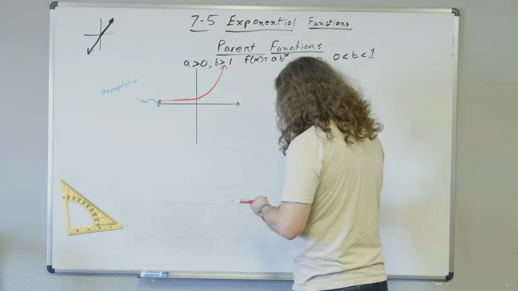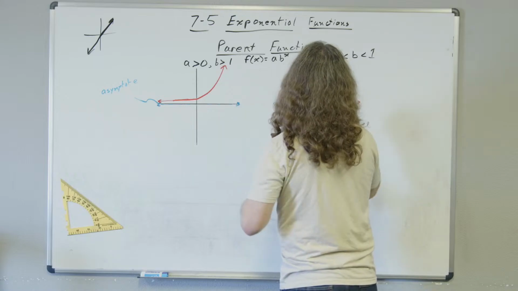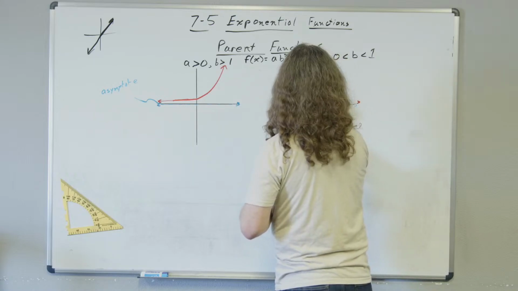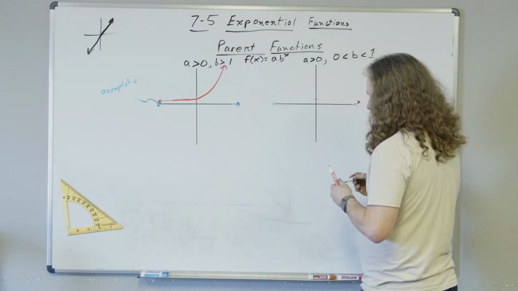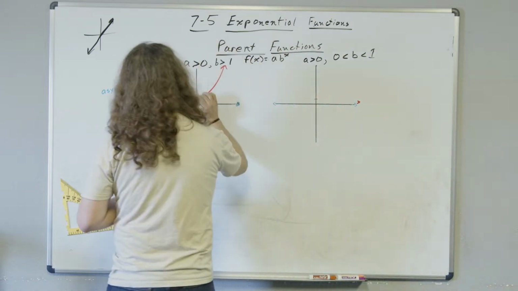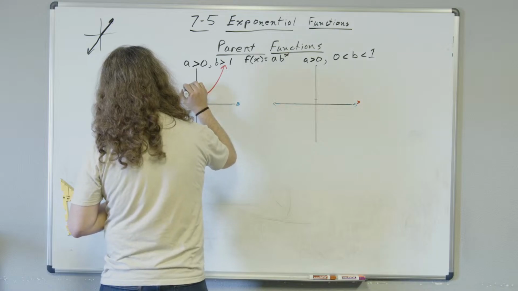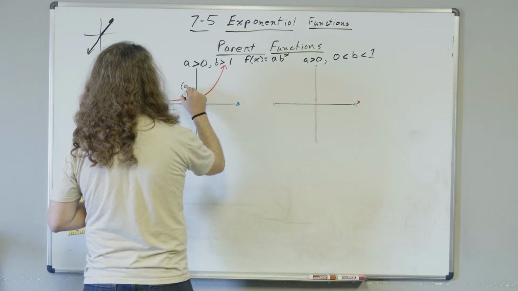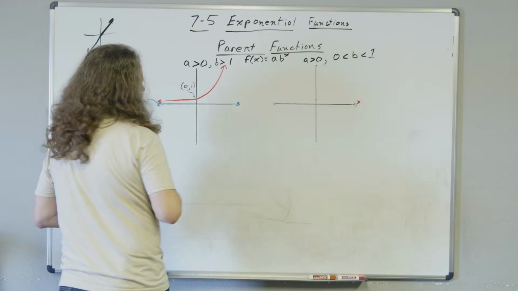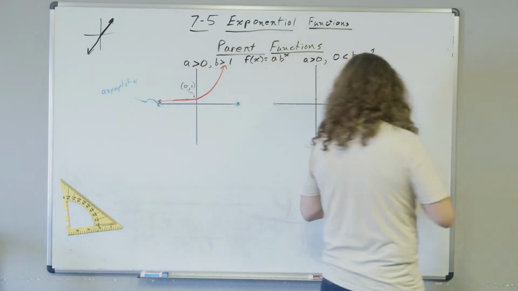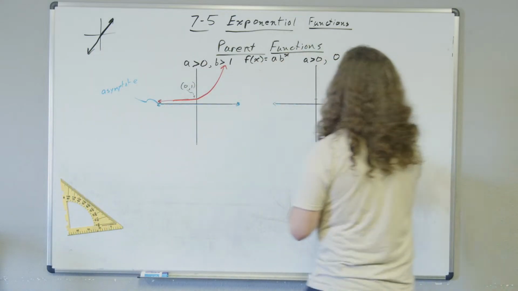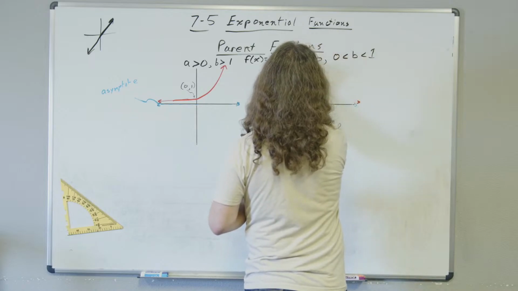It still crosses the y-axis at 0, 1. That's still true. Oh, I covered up my blank mark. We should label that over here, yeah? This is at 0, 1. So it gets closer and closer on the positive side.